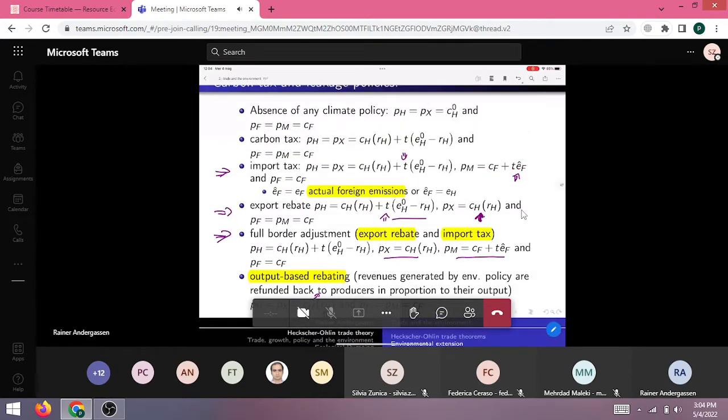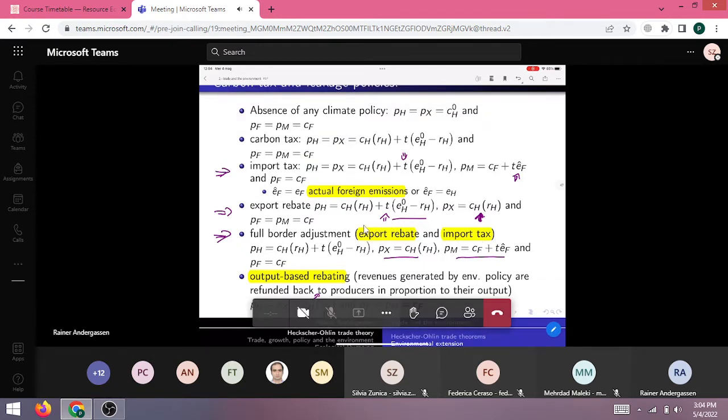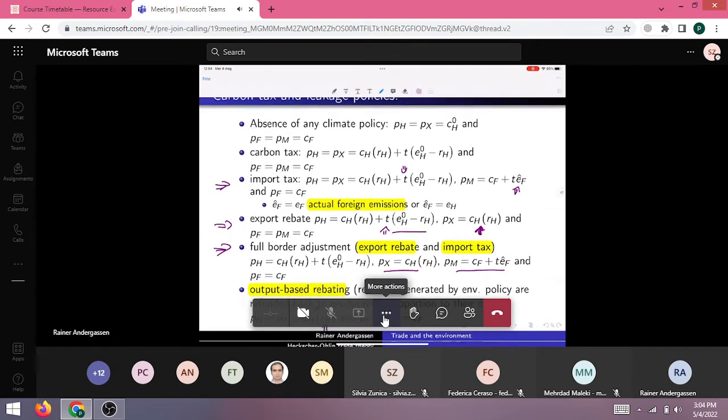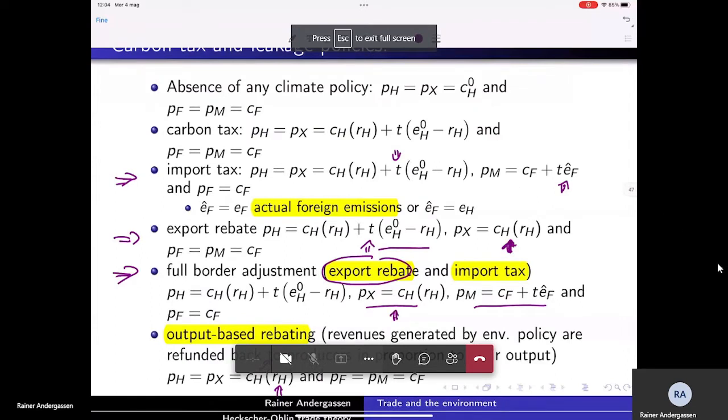Okay, so the full border adjustment. In the full border adjustment case, what we have is we rebate exports. That is to say, you reduce the price by the amount of taxes you would have to pay.